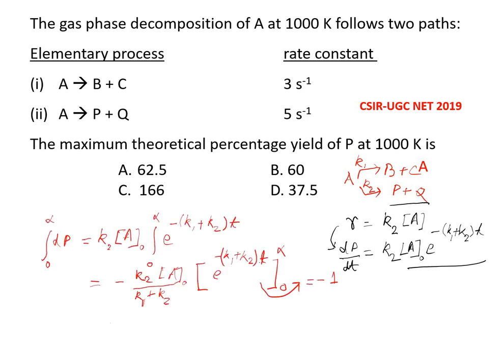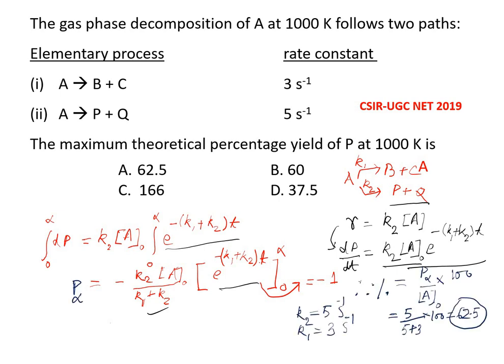Then you will integrate. So dP is K2 A0 e to the power minus (K1 plus K2)t, and if you integrate, minus (K1 plus K2) will come in the denominator, and if you put the limit, you will get minus 1 for this part.